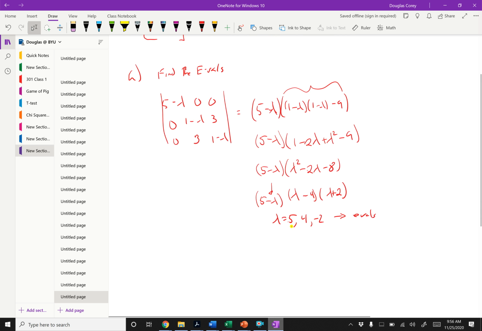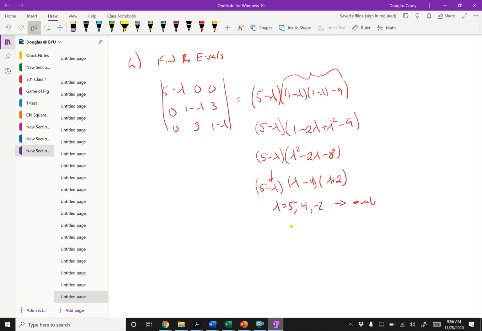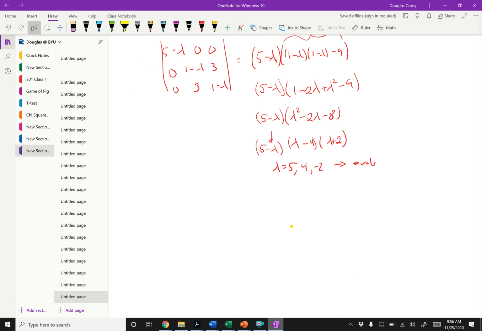So now we need to find the eigenspace for each of these. So find the eigenvector for each of these. I know there will be 1 for each one of them because it's a 3 by 3 matrix and I have 3 distinct eigenvalues. So let's start with 5. So 5 minus 5, 0, 0. 1 minus 5, 0, 3, 0, 3, 1 minus 5.